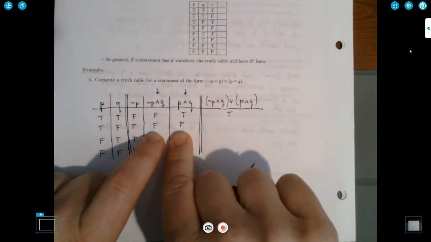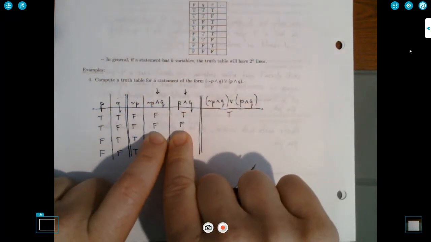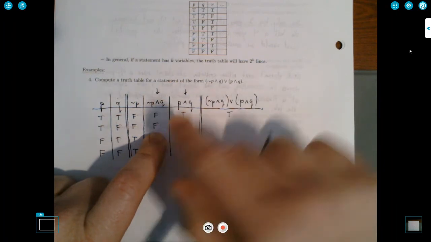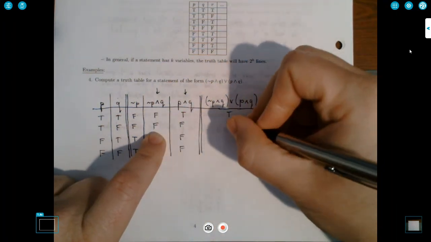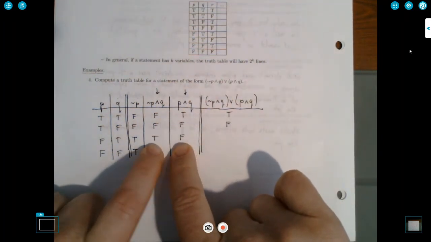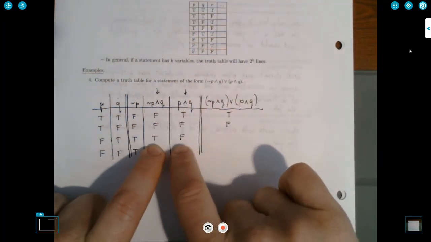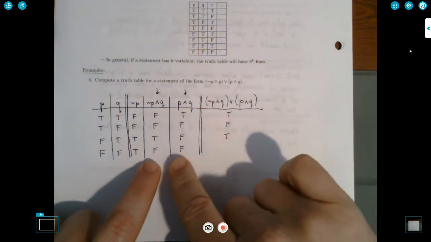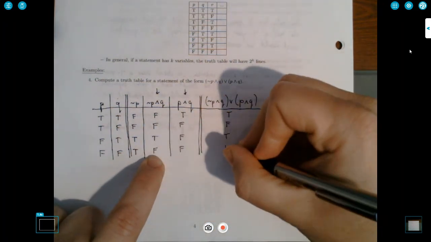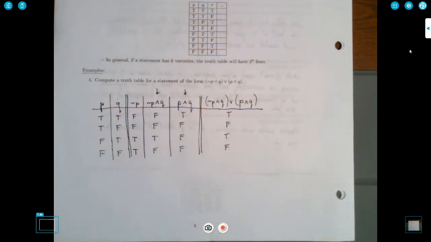For the second row, we have both false statements, so the disjunction is false. In this row, we have one true and one false, but that means the disjunction is going to be true. And for this one, we have both false, so the disjunction is going to be false. Okay, and that's our truth table.